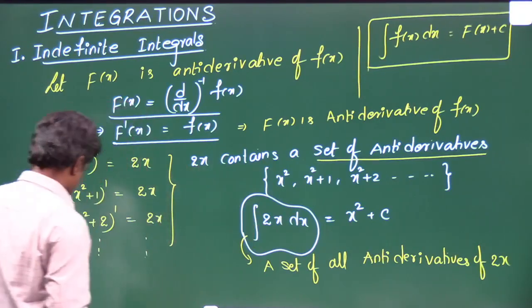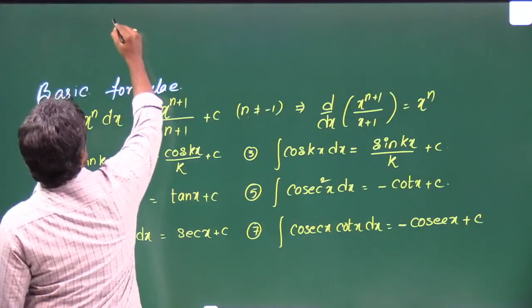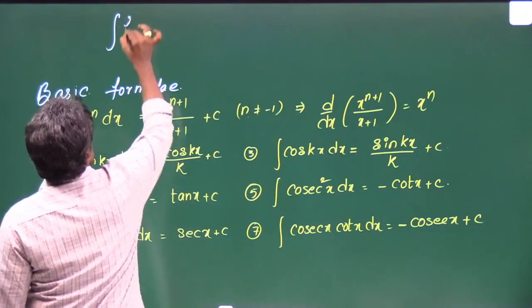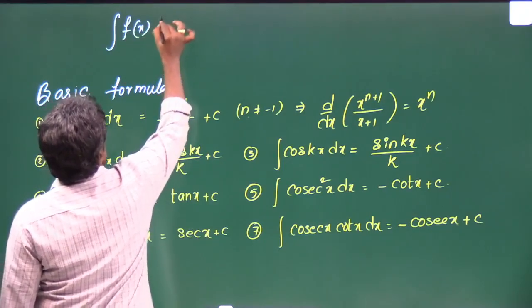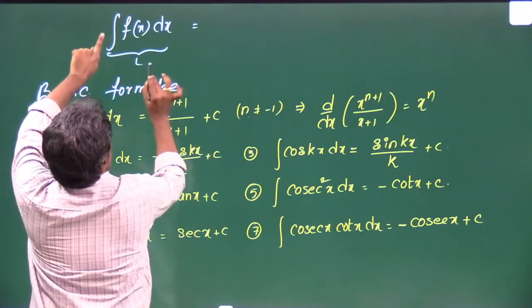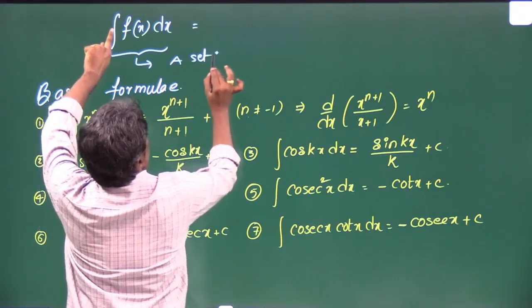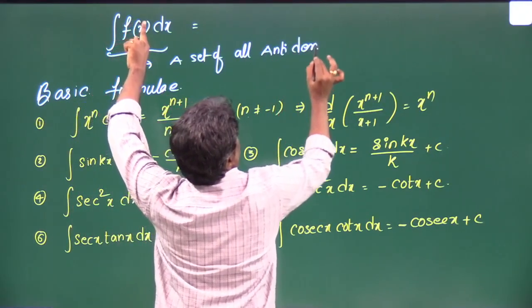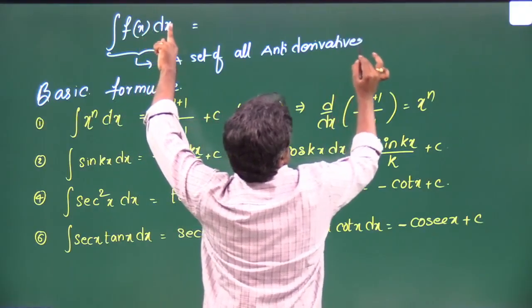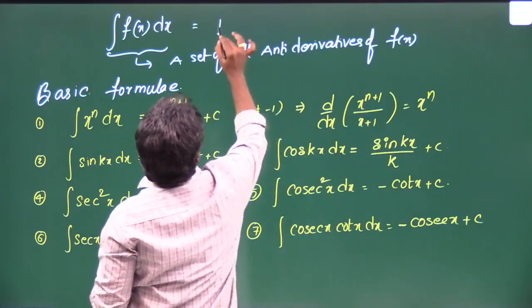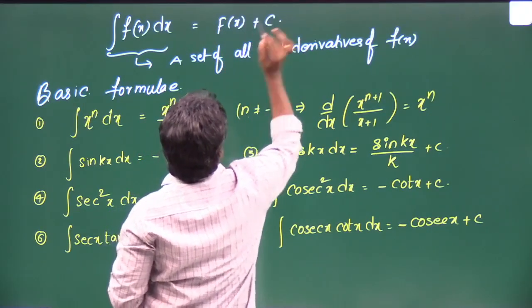The indefinite integral of f of x dx is simply a set of all antiderivatives of a given function, the integrand. That we define as capital F of x plus c.